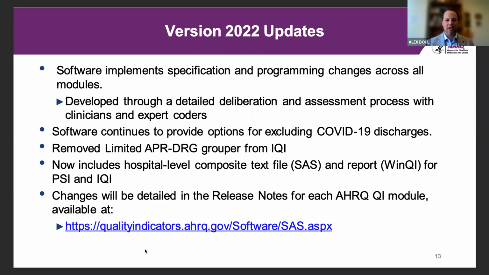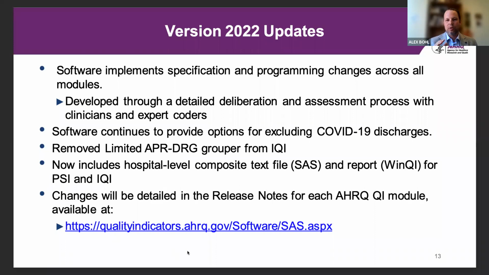But this is a deliberate process where we work with our clinical and coding experts to do testing. And, to the question, yes, that's federal fiscal year beginning in October. We go through this testing process, and only the ones that pass our process are pushed into the software and ultimately reflected in changes to the public-facing documentation.